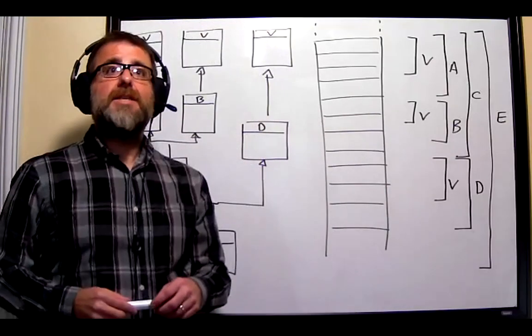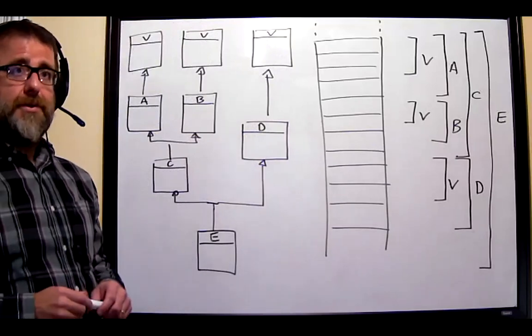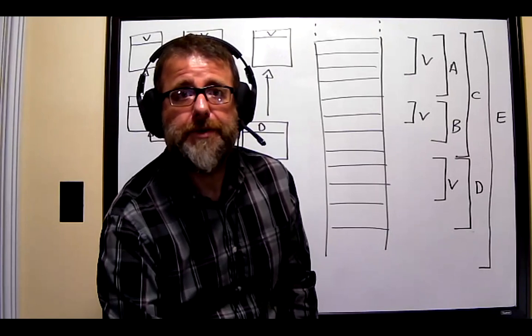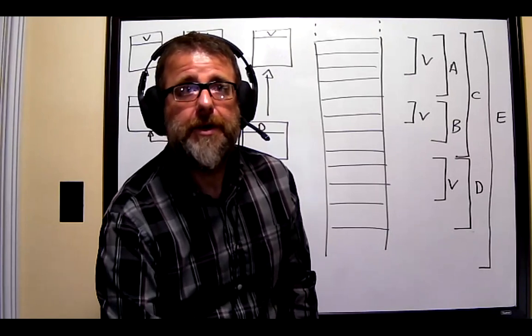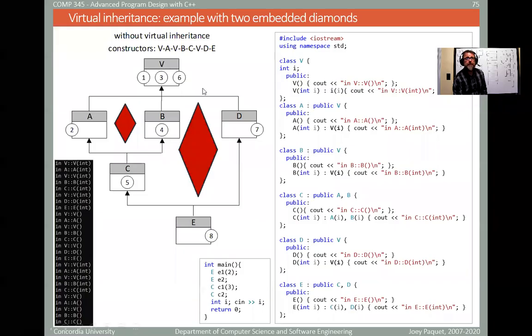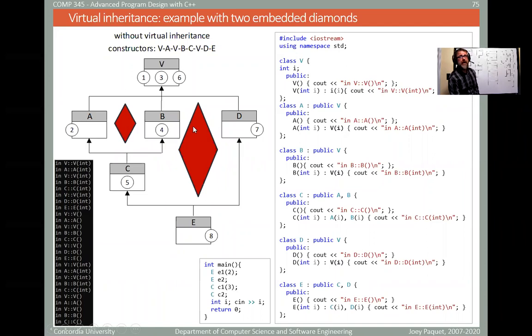So this is the last example. If you go and look at the slides for the last example, which I'm going to show you here. Here we go. Now this is showing the graph when you have the virtual inheritance. You see that it comes back to a common V here.